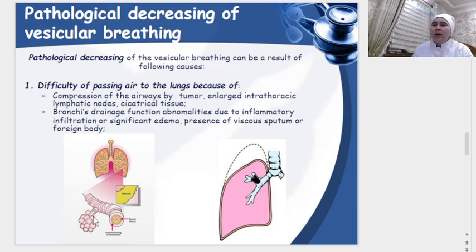Then, pathological decreasing of vesicular breathing. Pathological decreasing of vesicular breathing can be a result of the following causes. The first, difficulty of passing air to the lungs because of compression of the airways by tumor, enlarged intrathoracic lymph nodes, cicatricial tissue, bronchial drainage function abnormalities due to inflammatory infiltration or significant edema, presence of viscous sputum or a foreign body.